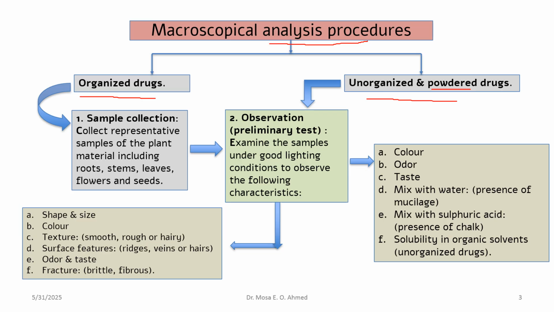For organized drugs, the procedure for analysis is based on, the first step, sample selection, which means collect representative sample of plant material that may be roots, stem, flower, leaves, and so on. The next step is observation or preliminary test, which means examining sample under good light condition to observe the following characters.